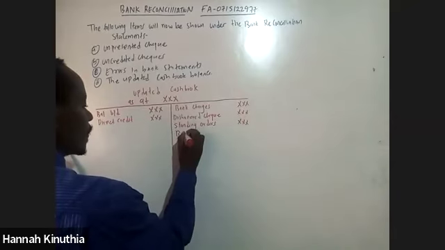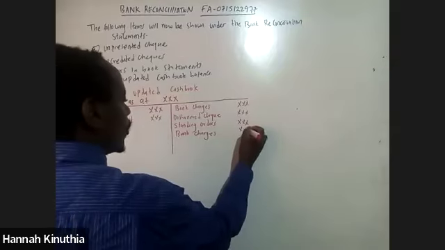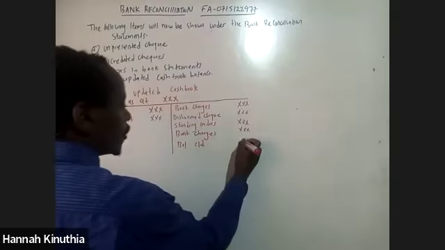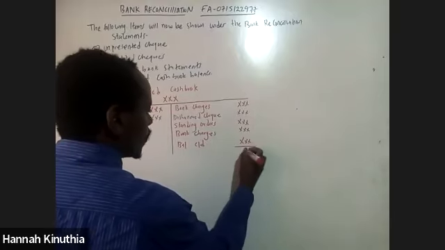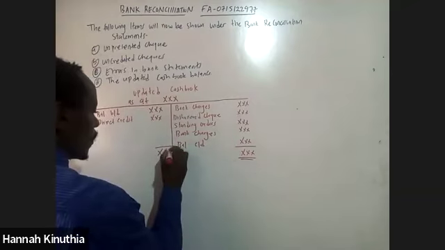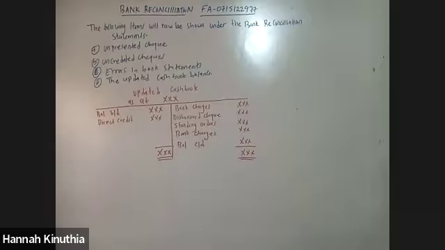Bank charges and then balance carried down. Just an example. That's an example of an updated cash book. So updated cash book itakuwa inakaa hivyo.